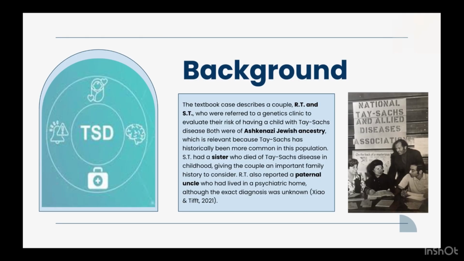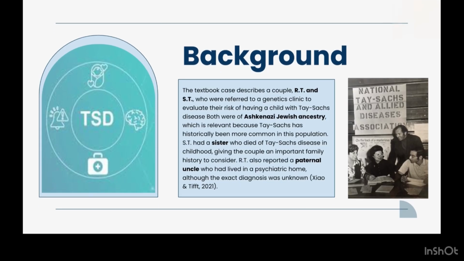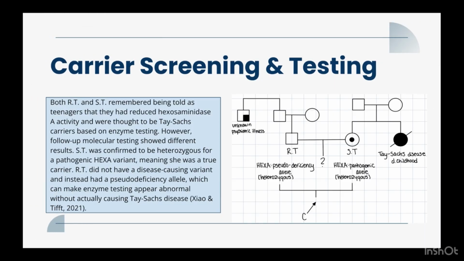So for our carrier screening and testing on the next slide, I drew a little pedigree. In the middle, you can see RT and ST. RT is the square indicating he is male, and ST is the circle indicating she is female.